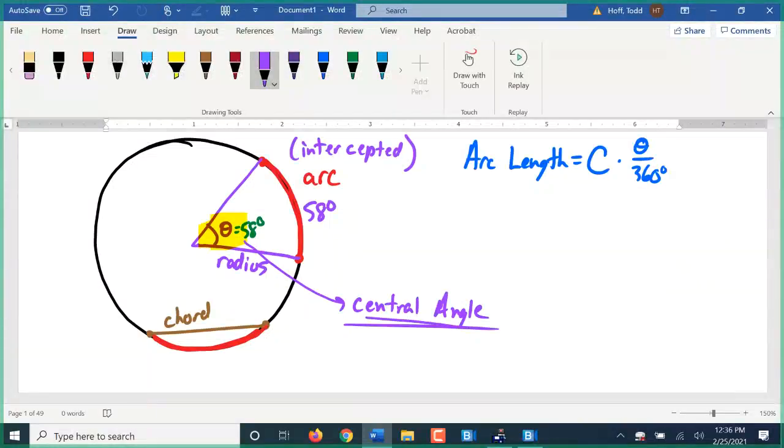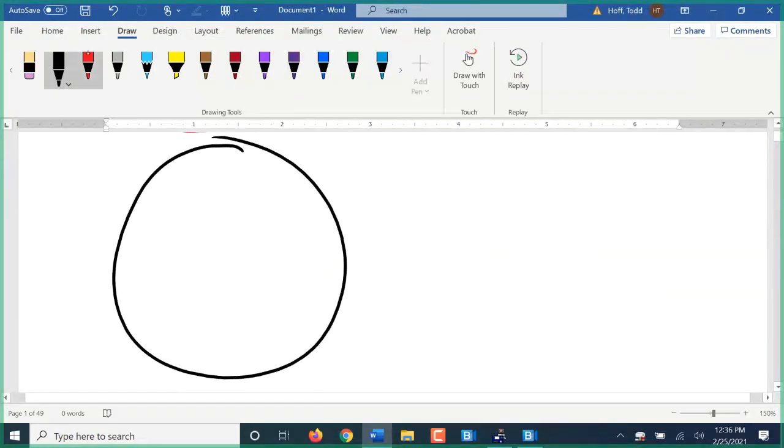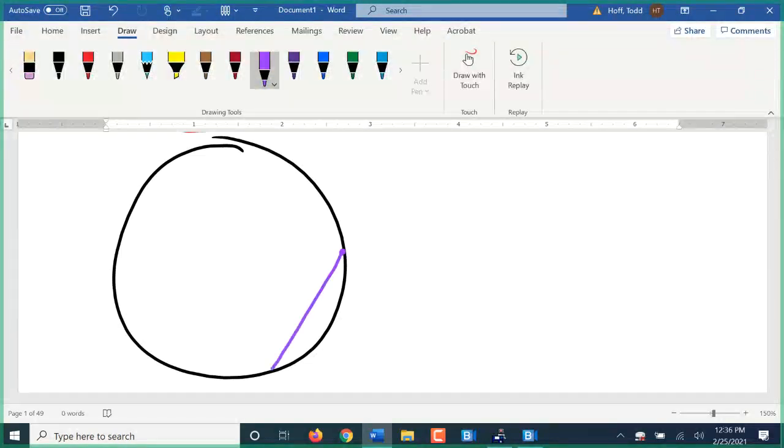So going back to our chords here, if I have a chord on my circle that cuts an arc that's 72 degrees, and let's say that chord happens to be, let's go 9 inches long.